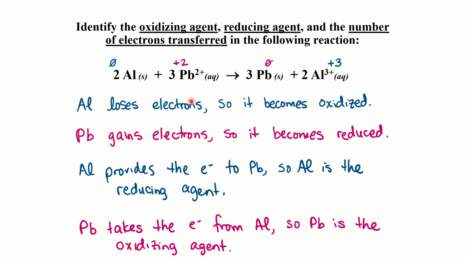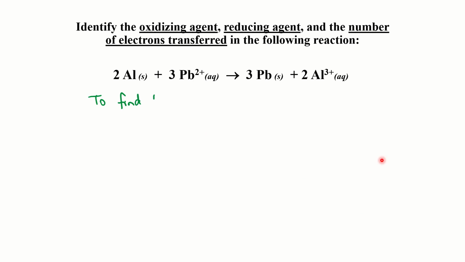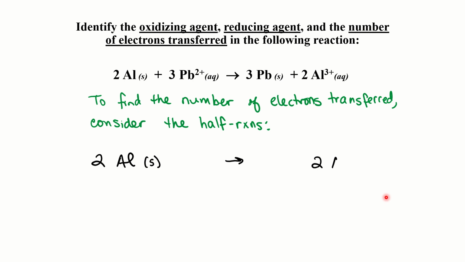So again, aluminum is losing electrons, it's being oxidized, and it is also the reducing agent. Lead is gaining electrons, it's reduced, which also makes it the oxidizing agent. Now to find the number of electrons transferred, we do need to write out the half reactions. So here's the half reaction for aluminum and the half reaction for lead. We can see here on the left side we have a charge of 0.